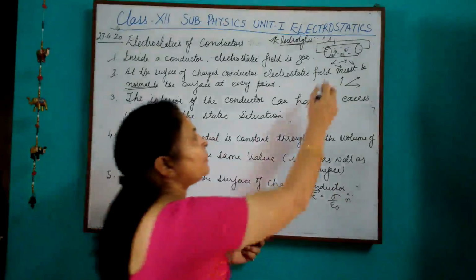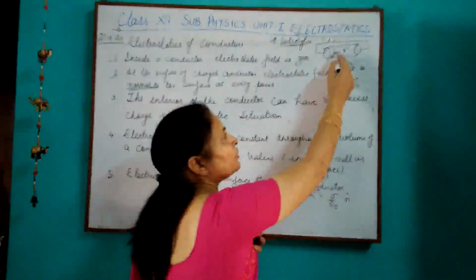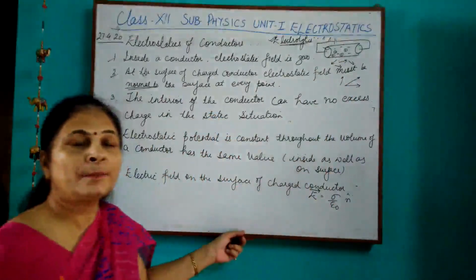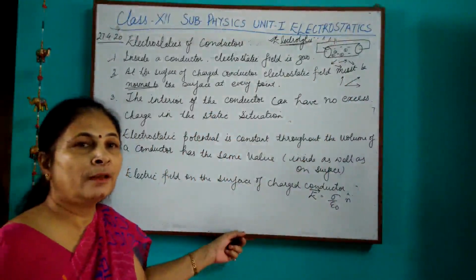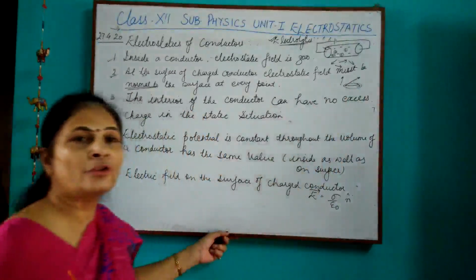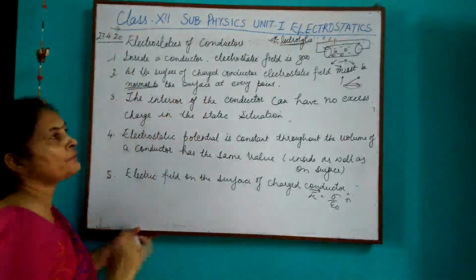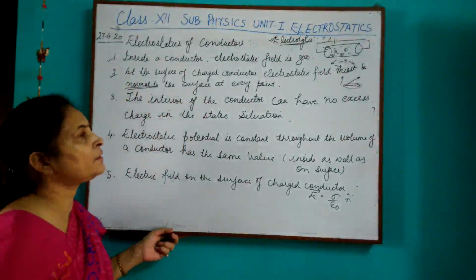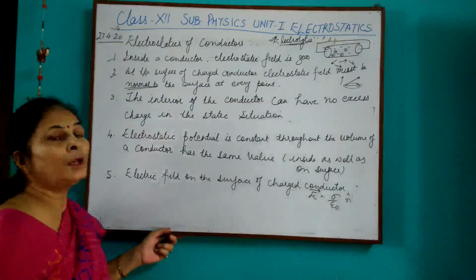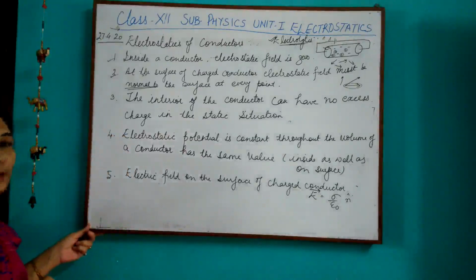As we have already said, there won't be movement of electrons in a definite pattern in absence of external electric field. Therefore, we must not have a horizontal component. Therefore, at the surface of a charged conductor, electrostatic field must be normal to the surface at every point.